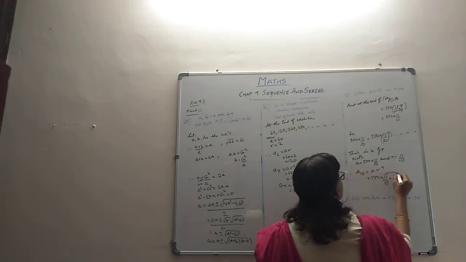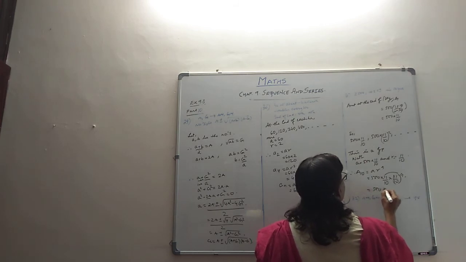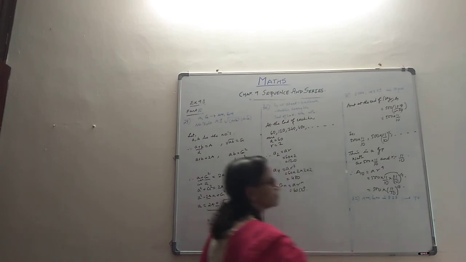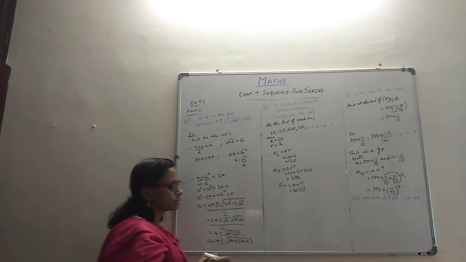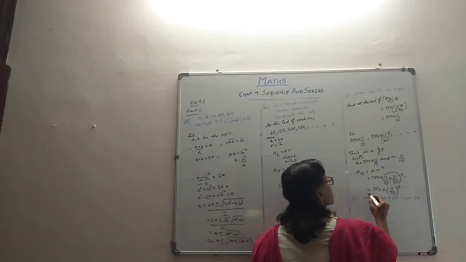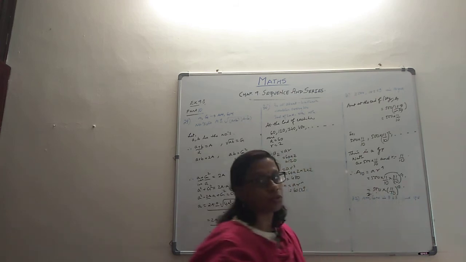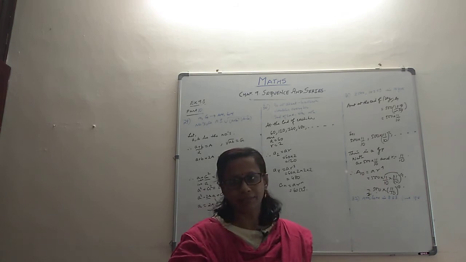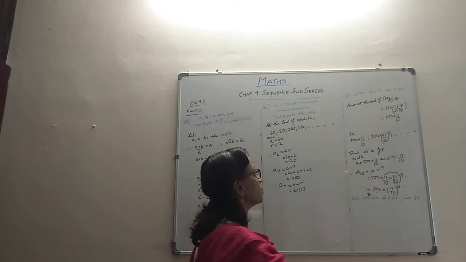These both bases are same, we can add up the exponents, 500 into 11 by 10 raised to 10. There is no need to solve that because it's not possible. Rupees so much is the amount that you will be able to fetch at the end of 10 years with the given criteria. Okay, so that's about the problem number 31.